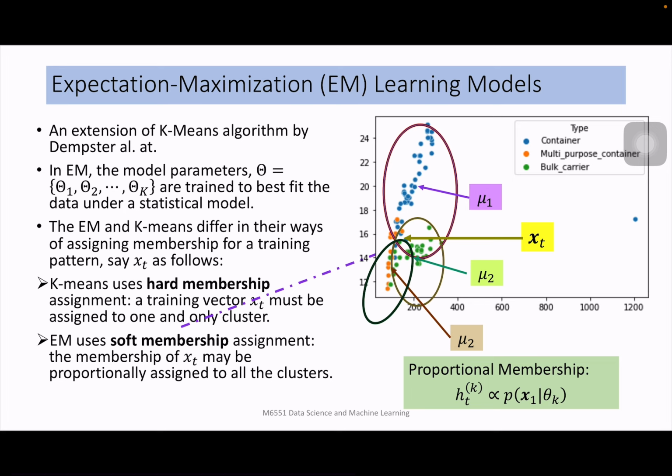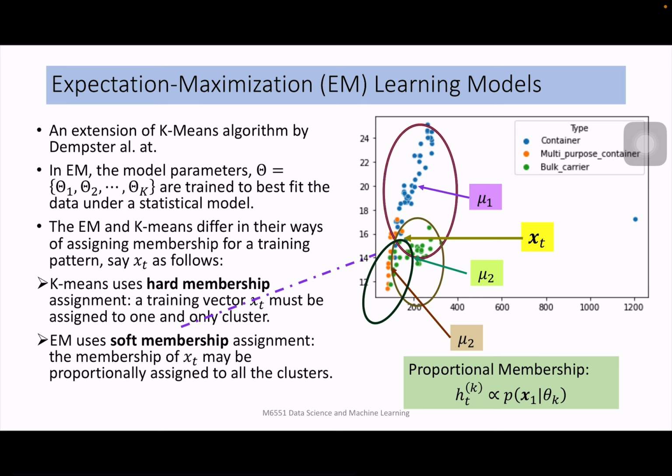Think of a cluster like a container; one has mu1 and another has mu2, with a different clustering. The membership proportion from h1 to hk is the proportion of the probability of x1 given theta k.